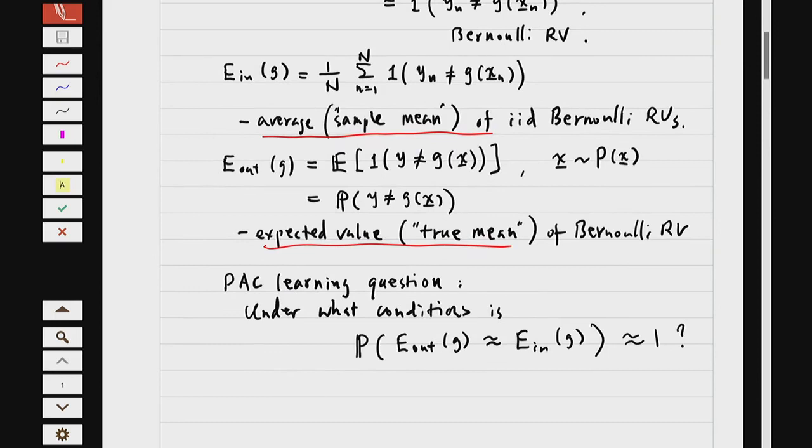Now, again, because E in is a random quantity, a random variable, E out is a constant. You cannot just say they are equal like that, right? So the only way to discuss how close they are is to use two quantities: how close they are, how good is the approximation, and then under what probability that is true. So that's why we have PAC learning, probably approximately correct.